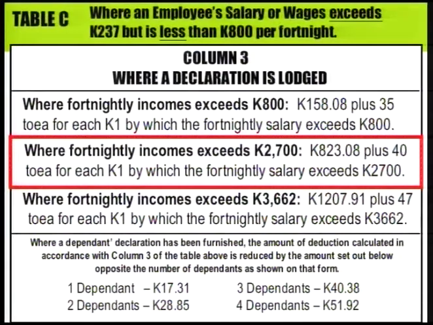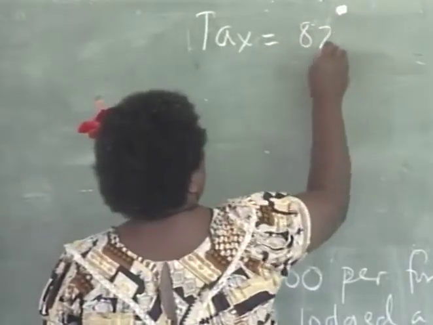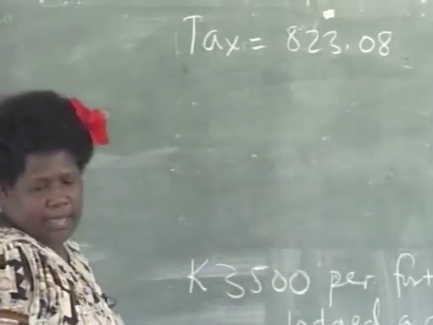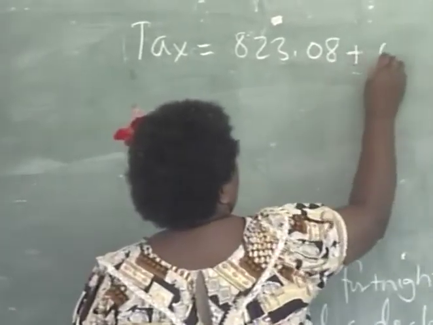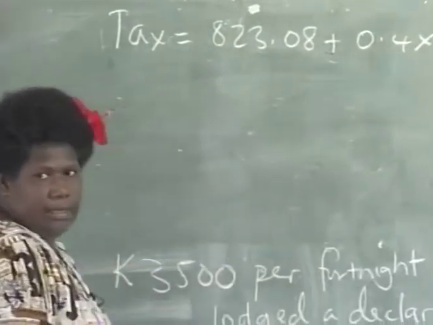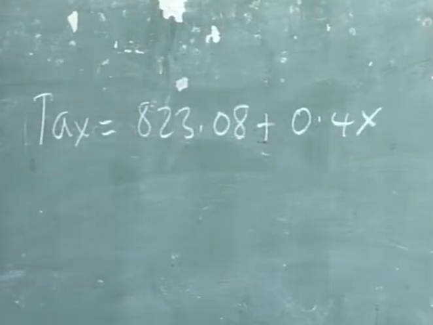So that tax is going to be 823 kina, 8 toya, plus 40 toya for every 1 kina that exceeds 2,700.